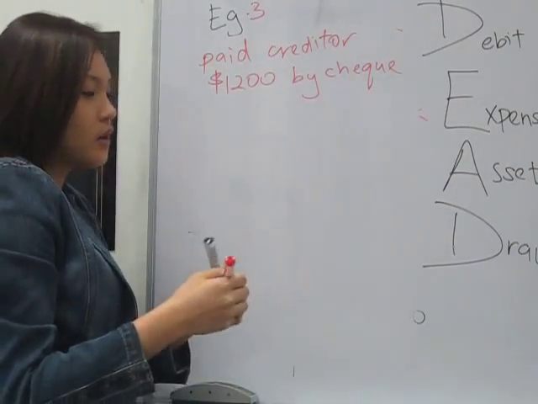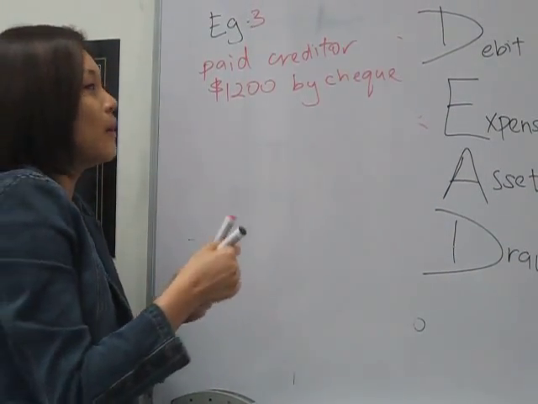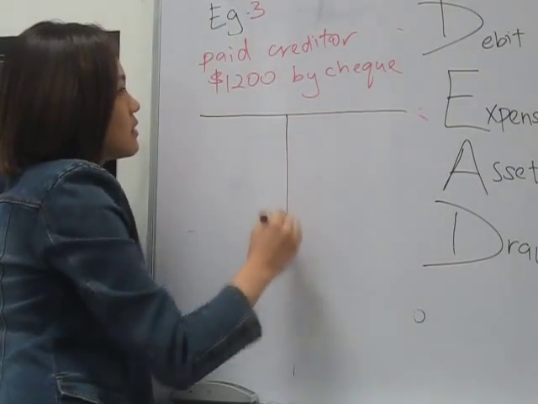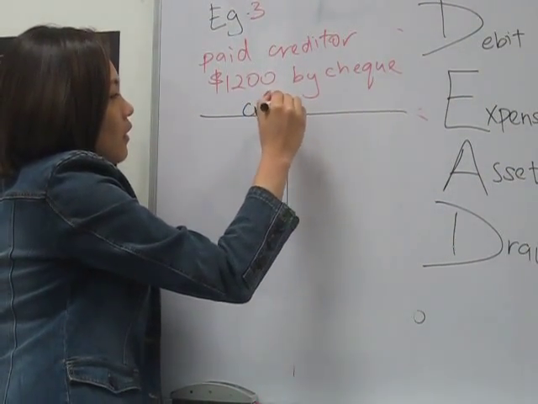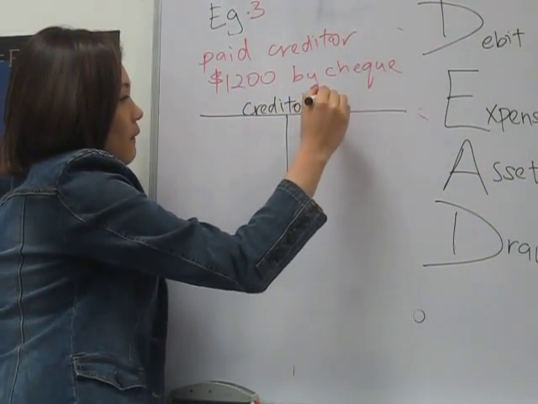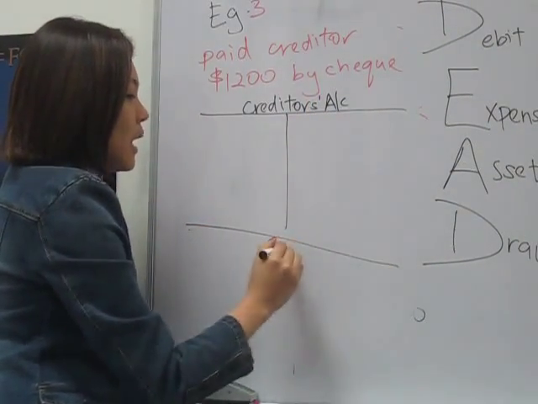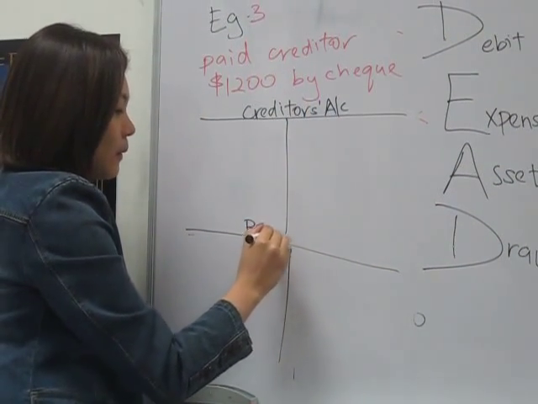Therefore, the two accounts that I will open here will be the creditors account and of course the bank account.